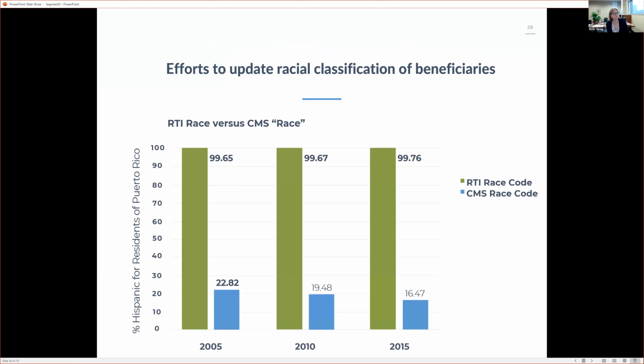So what happened is RTI, Research Triangle Institute, got a contract to update some work that had been done at the University of Miami, where it was shown that you could use a surname identifier. Running an algorithm for Hispanic surnames changed the sensitivities.